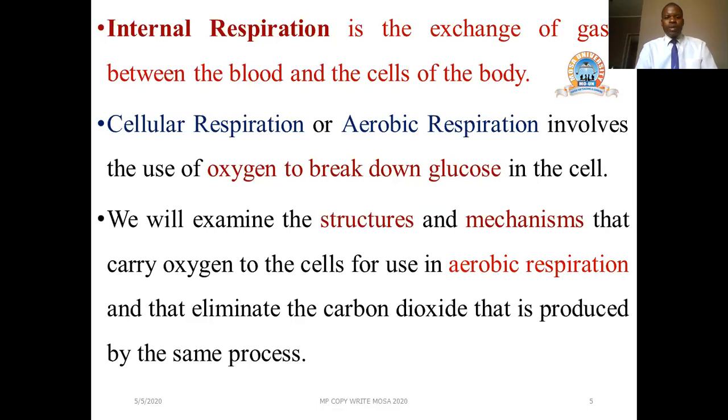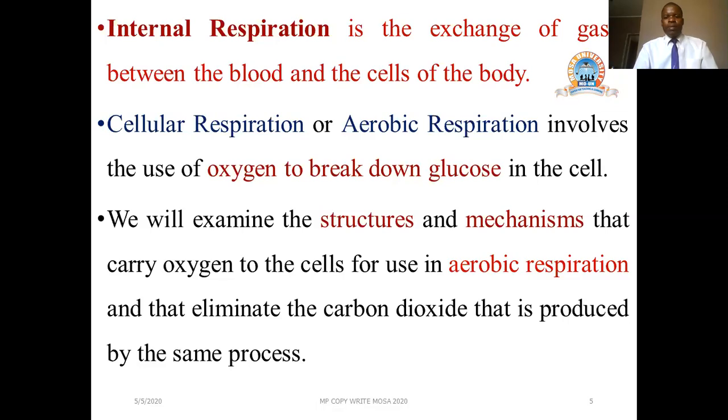We will examine the structures and mechanisms that carry oxygen to the cells for use in aerobic respiration and that will remove the carbon dioxide that is produced by the same process. After the tissues have been provided with oxygen, they undergo various chemical reactions.